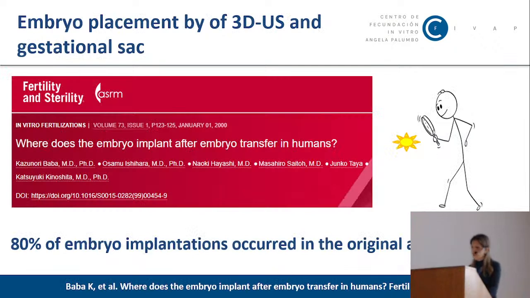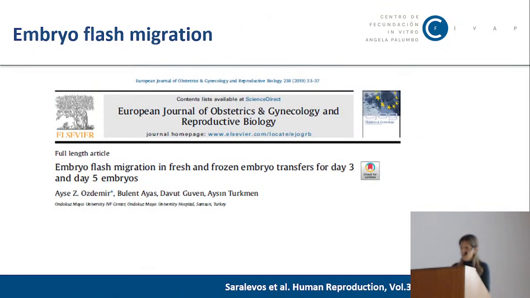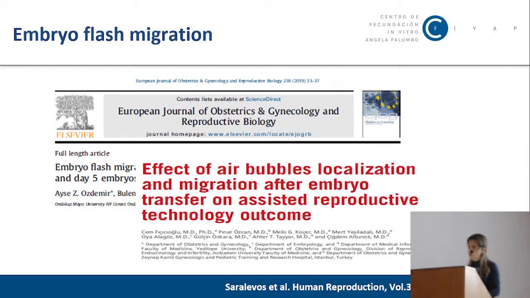And the next point is about our knowledge of embryo placement and the development of the gestational sac. In the year 2000 it was reported that 80% of embryos implant where they were originally deposited. Studies assessing this relationship and the position of the air bubbles following the embryo transfer show conflicting results.